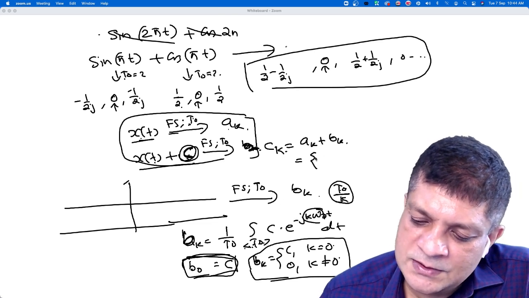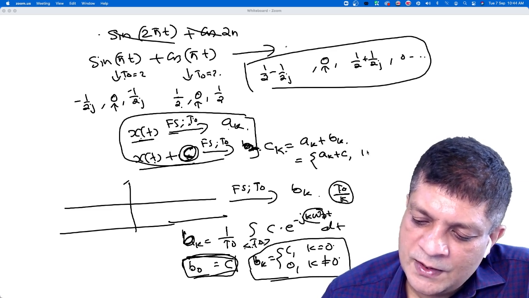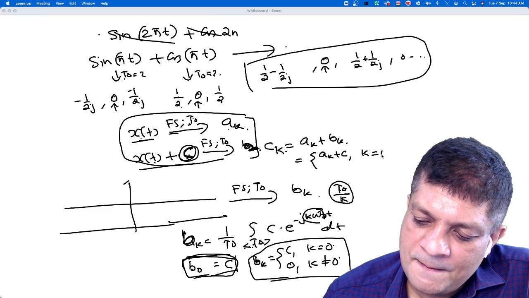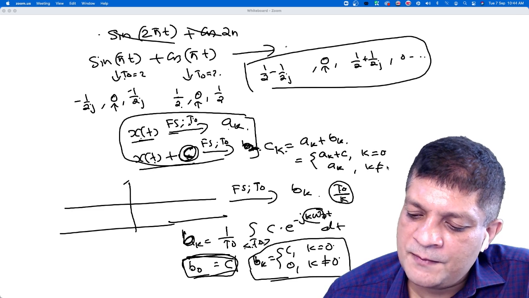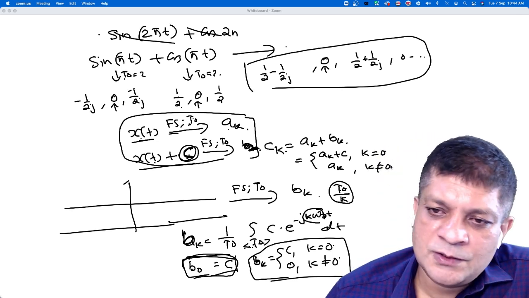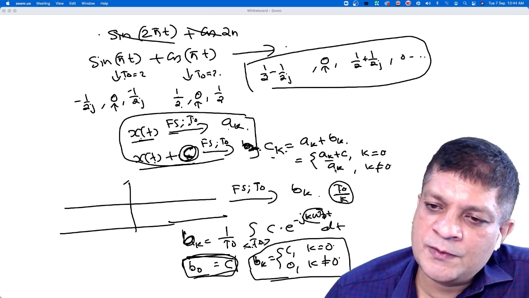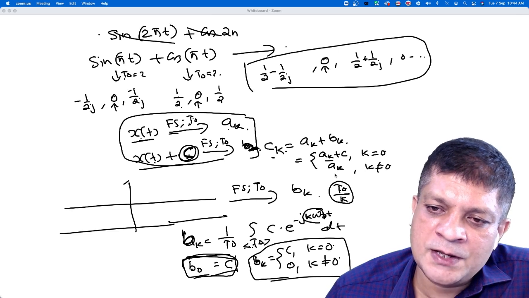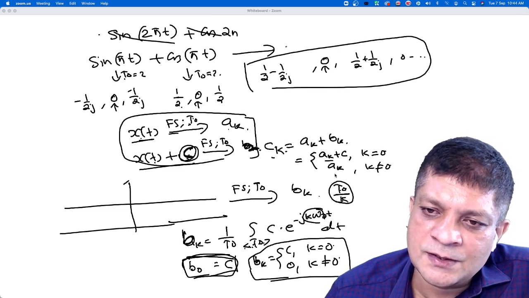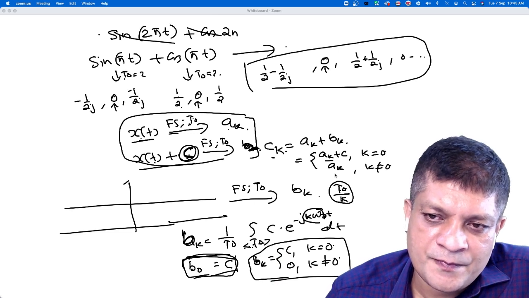So c_k is a_k plus C when k is 0, and for all other values it is a_k. So only the zeroth Fourier series coefficient is affected if you add a constant value to that signal, isn't it? All other Fourier series coefficients will remain the same.